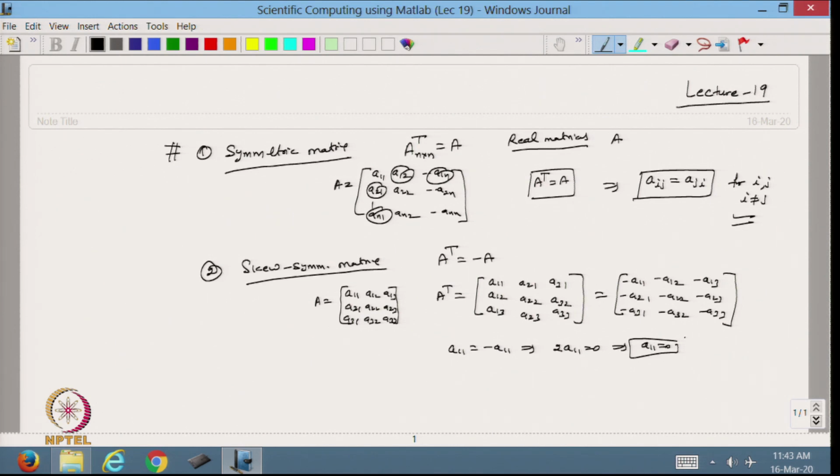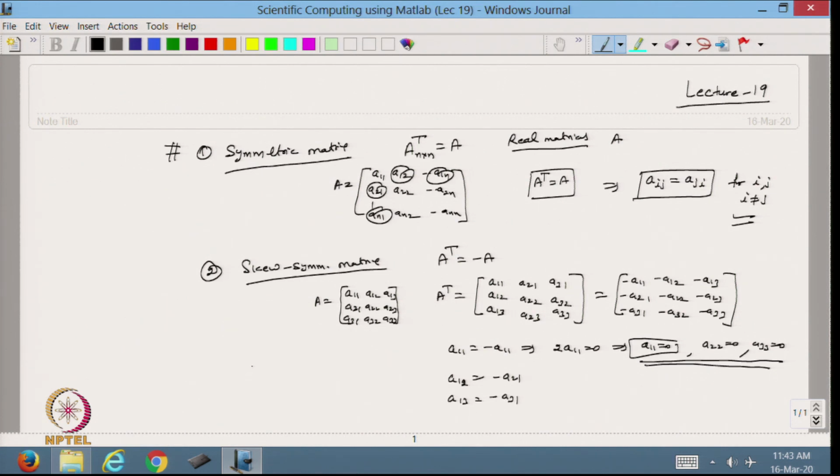So the diagonal elements A11, A22 and A33 should be 0. In the skew symmetric matrix, the first condition is that the diagonal elements should be 0. And then I can see that A12 should be the same as minus A21, A13 should be the same as minus A31, and so on.